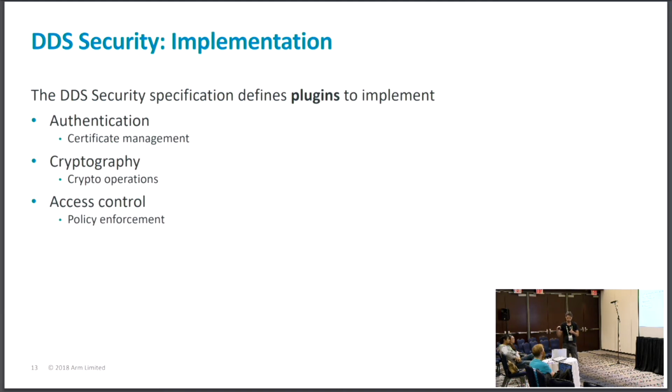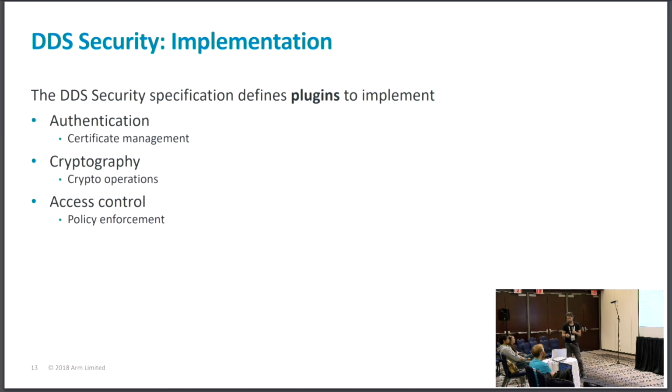So then going closer to the implementation, this is where we are getting more involved now. The spec actually splits all these dynamics of the security into five what they call plugins, but there are three of them that we really care more about at this point.